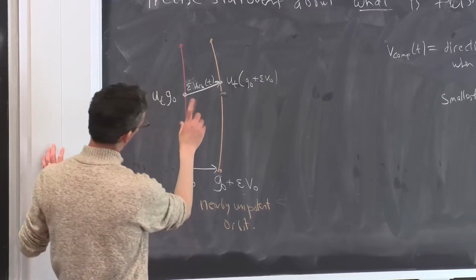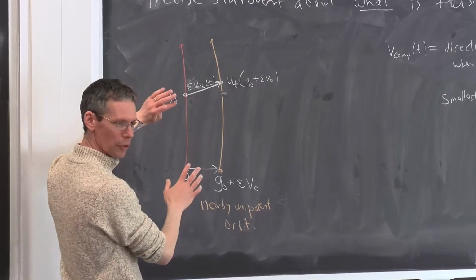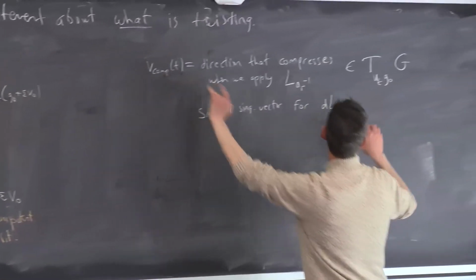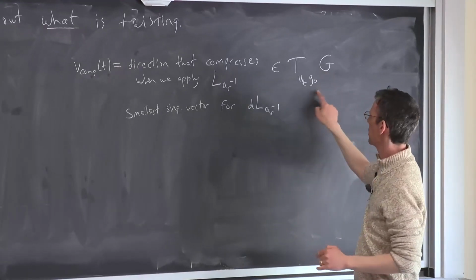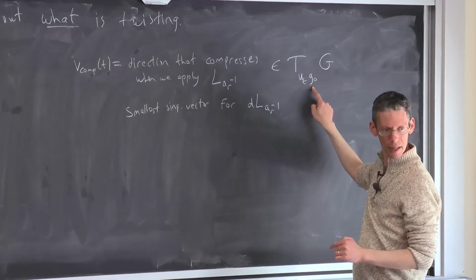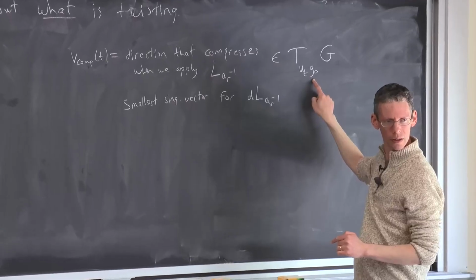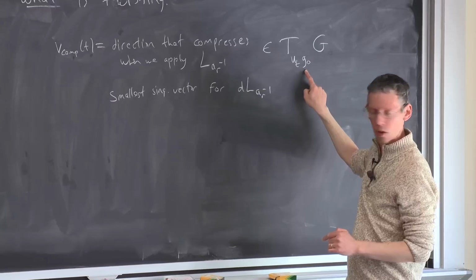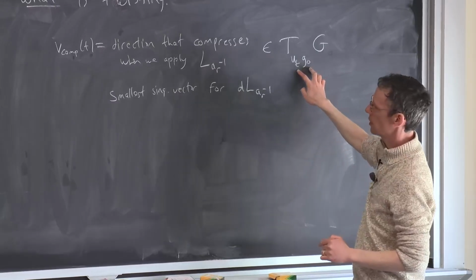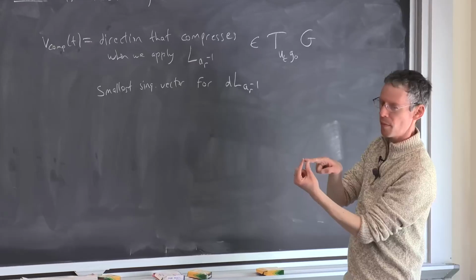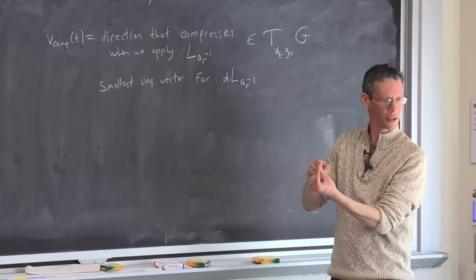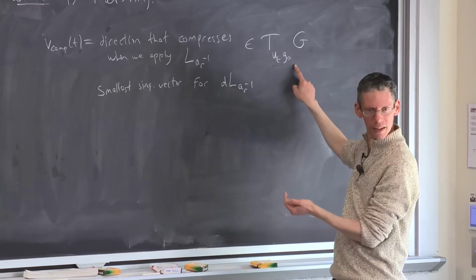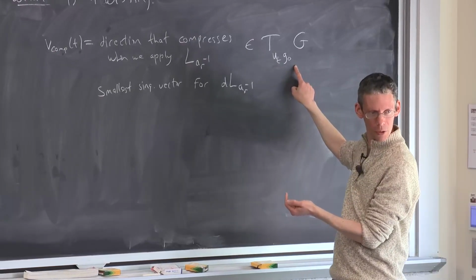Right. So the question has to do with keeping track of things given that they live in different tangent spaces. The compression direction is a vector in the tangent space at the given point along the orbit. Is that OK so far? Yeah. But then the comment is, if I have a family of vectors in one vector space, then I can say that they're twisted. But here I have a family of vectors in a family of vector spaces, so it's not so clear what it means that they're twisted.